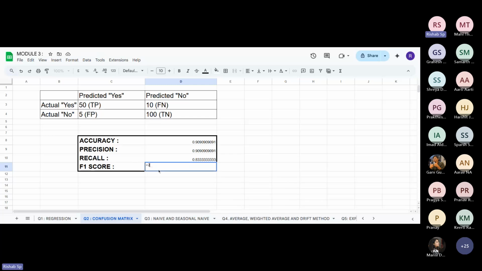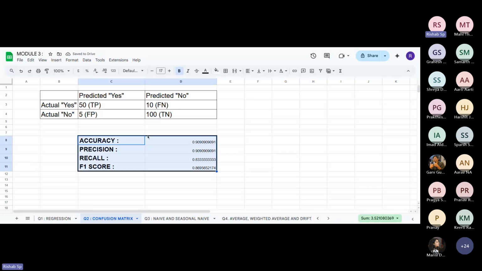It is equal to 2 into, first we'll multiply these two values, this into this in bracket, divided by this plus this. We got the value.